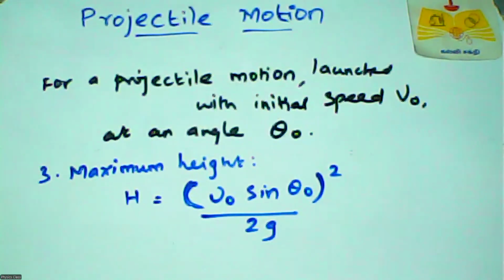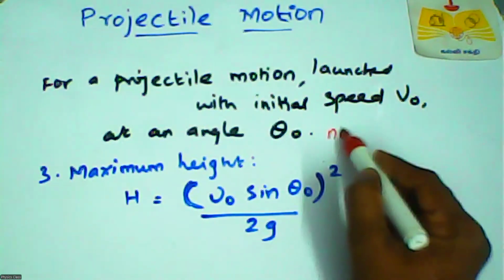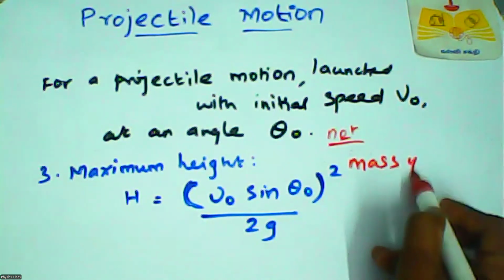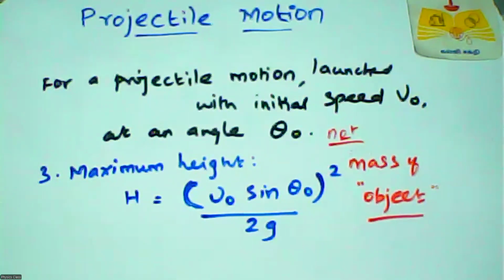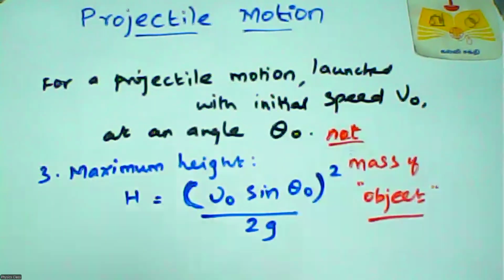So projectile motion does not depend upon the mass of the projectile or the mass of the object. Note that point. It does not depend upon the mass of the object. It depends upon the initial speed.